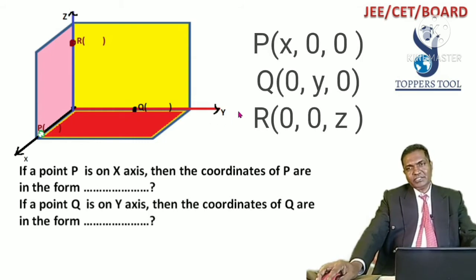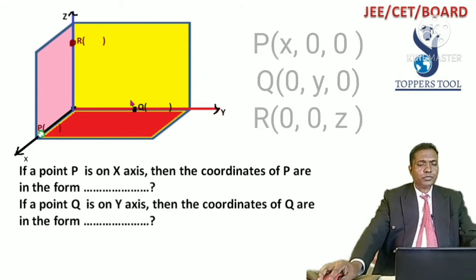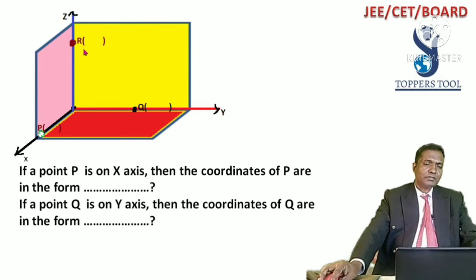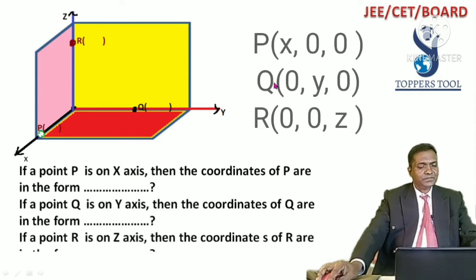If the point is on the y-axis, as we know, the x and z coordinates are 0 and it will have only a y coordinate. So the coordinates of the point Q are of the form 0, y, 0. Whereas the point R is on the z-axis, so the coordinates of the point R are 0, 0, z.